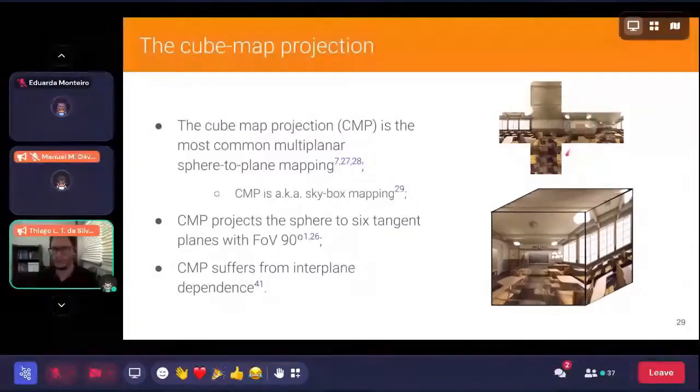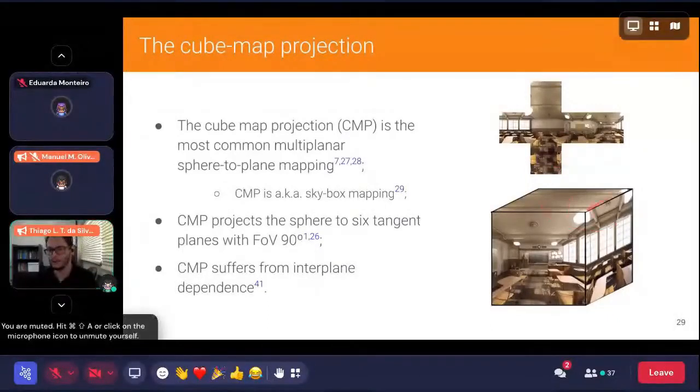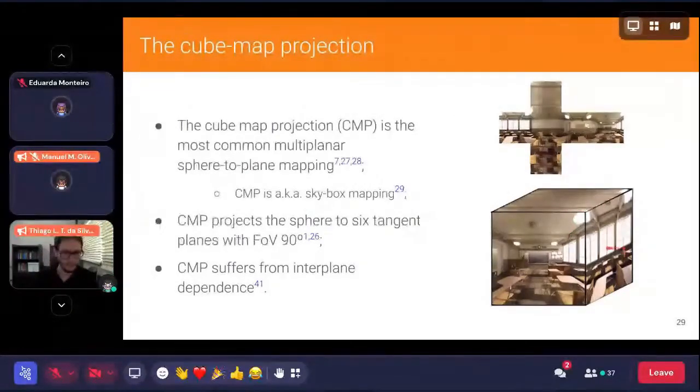We need to understand how these connections occur, and depending on what we want to do, we need to be aware of these connections and introduce some kind of processing in the plane connections, for example. So the cube map projection has this interplane dependence.